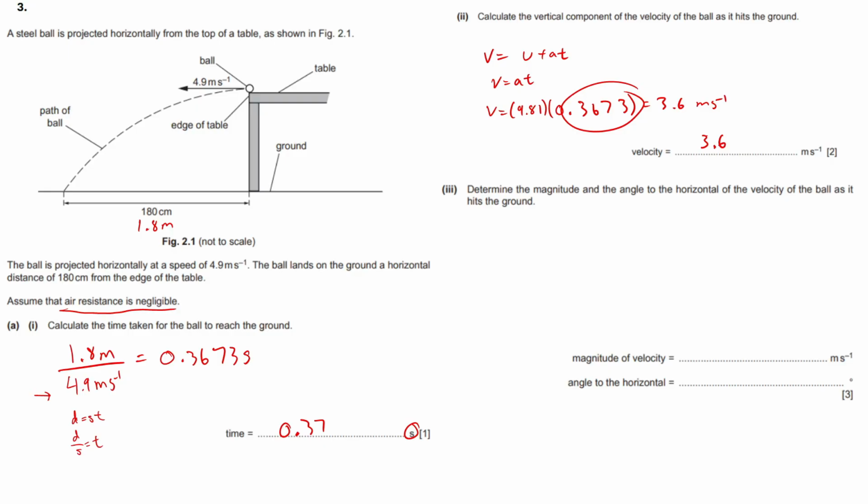All right, now determine the magnitude and the angle to the horizontal of the velocity of the ball as it hits the ground. So we need to construct our resultant vector. In this case, our resultant vector is going to be negative 4.9 and negative 3.6.